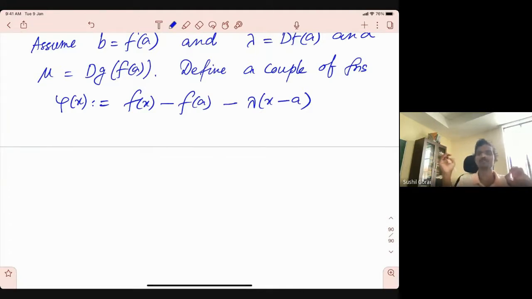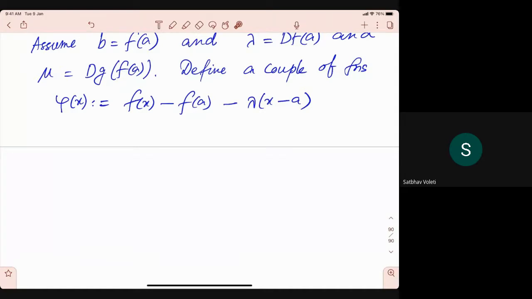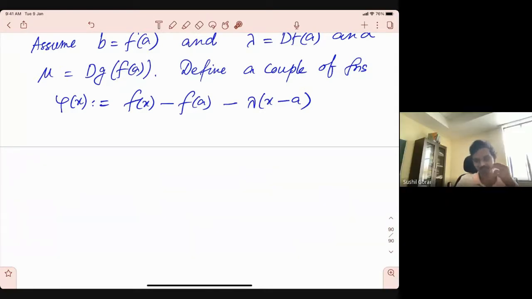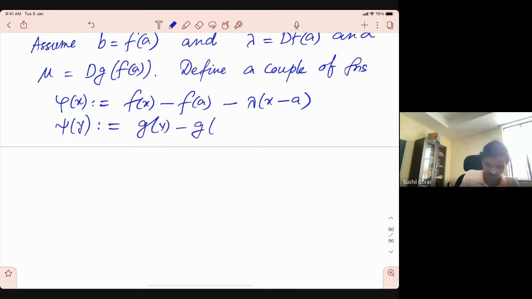You just take that to be a function. From where to where is this function? It has to go from R^n to R^m. Similarly we define psi(y), which is g(y) minus g(b) minus mu of (y minus b).